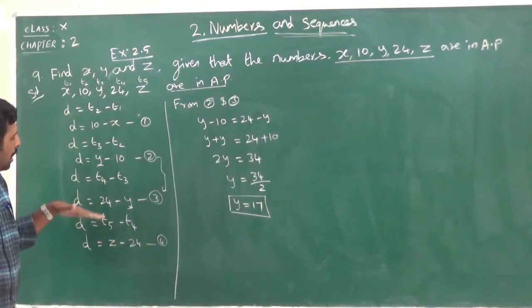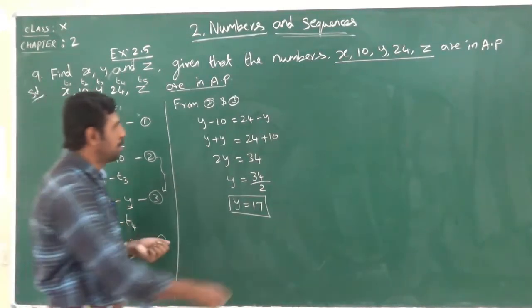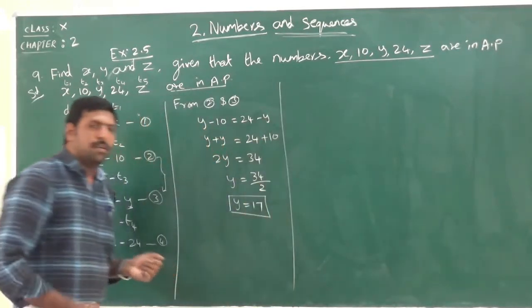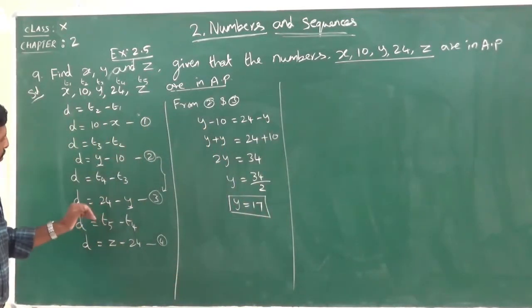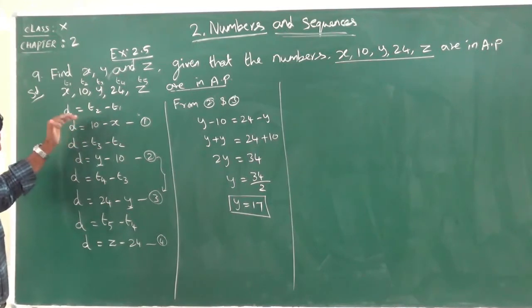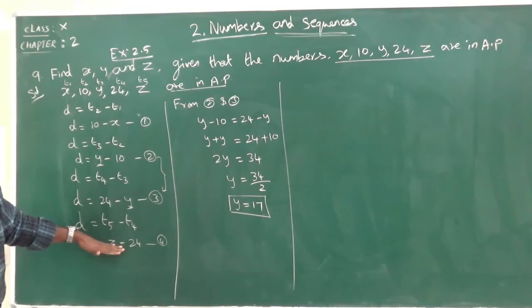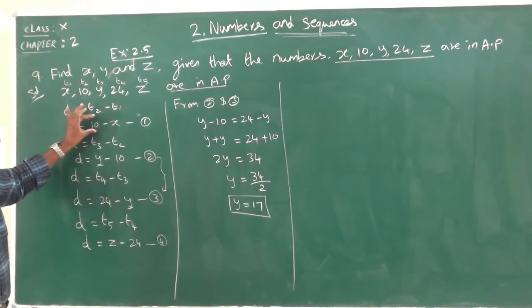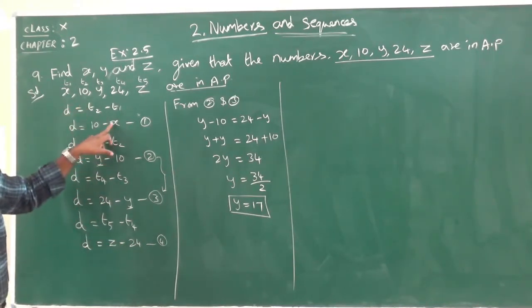Next we want to find x and z, right? By applying the y value, y is equal to 17, we take the terms first and second, or second and fourth, or third and fourth, like this. Next we have to take the first and second equations to find the value of x.